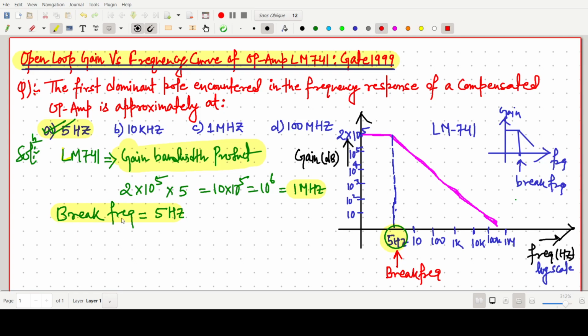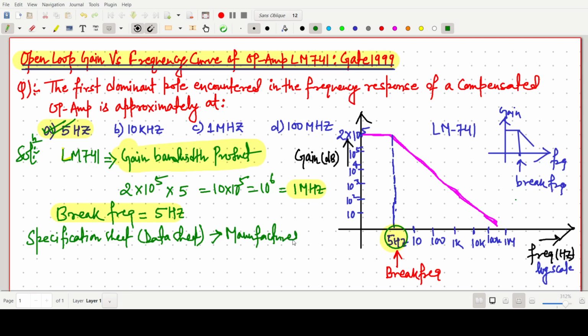In a specification sheet, or better to say the data sheet of an op-amp, the manufacturer gives the curve between open loop gain versus frequency.